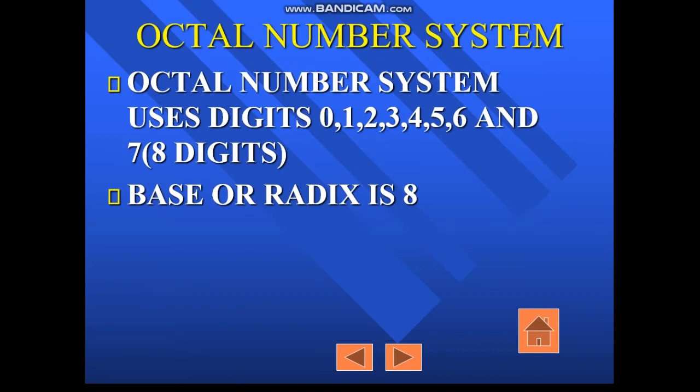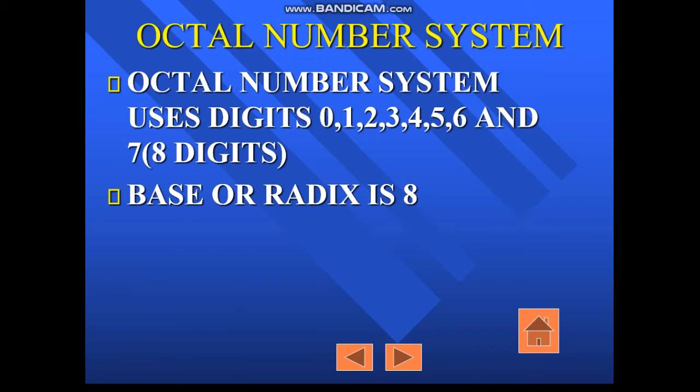So you can say the base or radix is 8. As I told you earlier, the base or radix is defined by how many digits there are in the number system. So that's the octal number system.